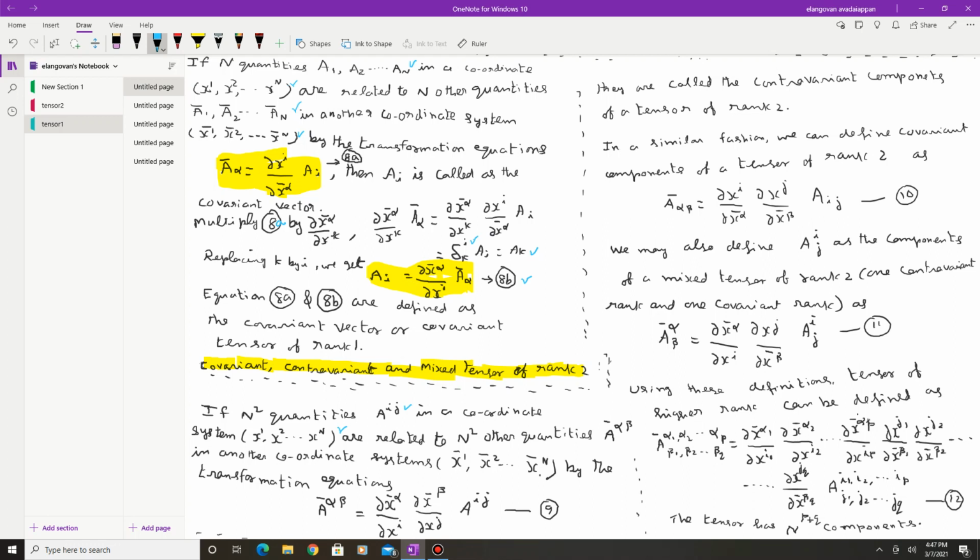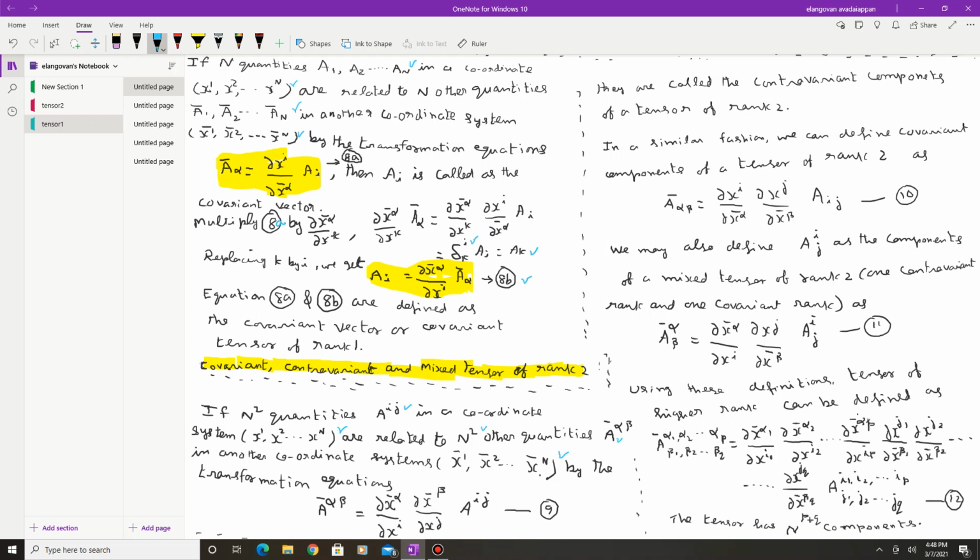Similarly, we consider another n square quantities, A alpha beta bar: A11 bar, A12 bar, A13 bar, and so on up to Ann bar. So you consider n square quantities in a coordinate system as well as n square quantities in the other barred coordinate system, with coordinates x1 bar, x2 bar up to xn bar.